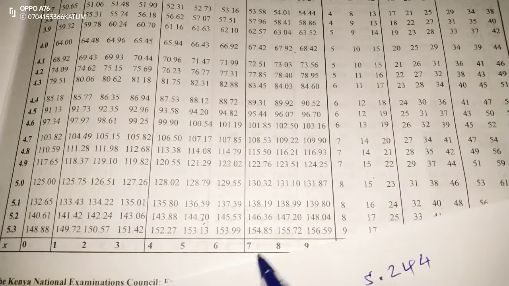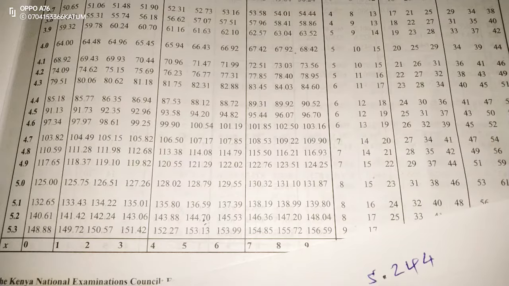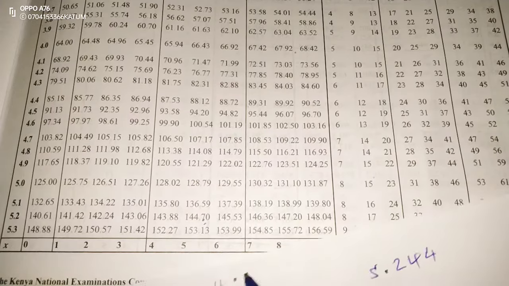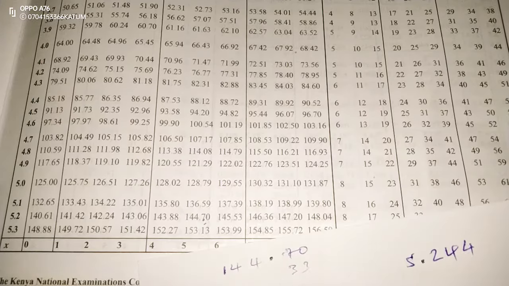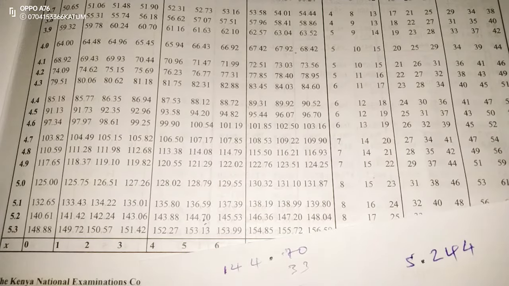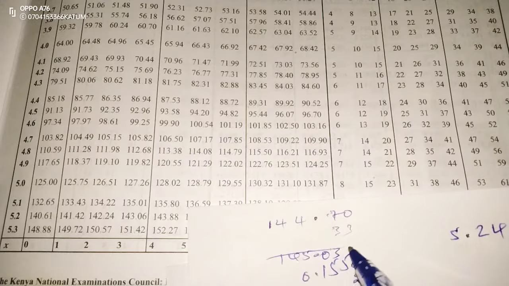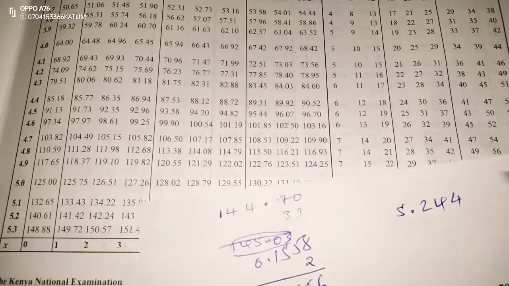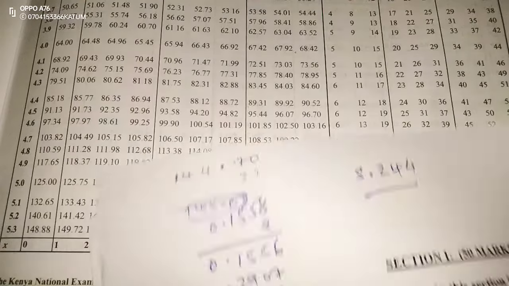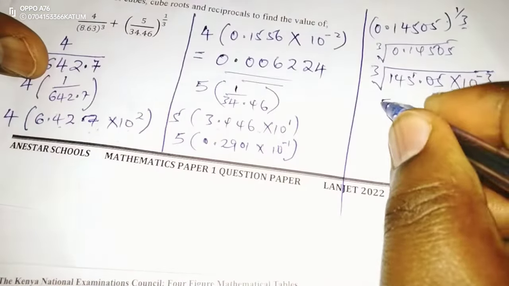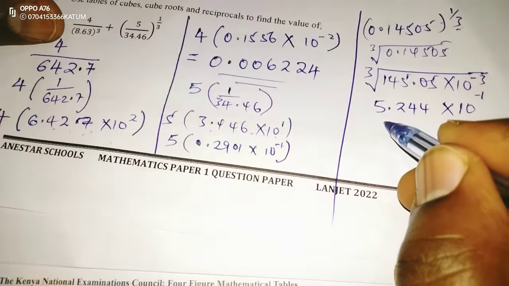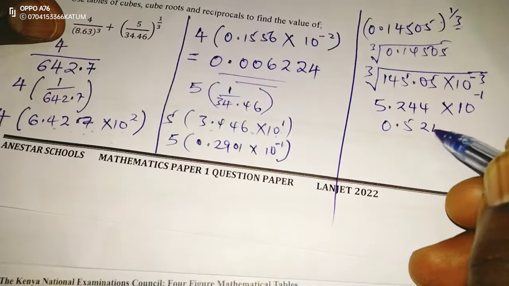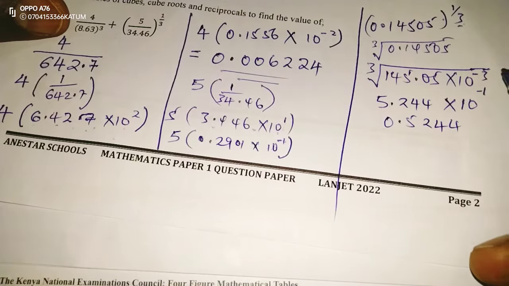We add 33, will be the closest now, because it will be 144.70 plus 33. This will give us 145.03. This one is the nearest answer. So 5.244 from the table. Then when we multiply now, it becomes 0.5244.